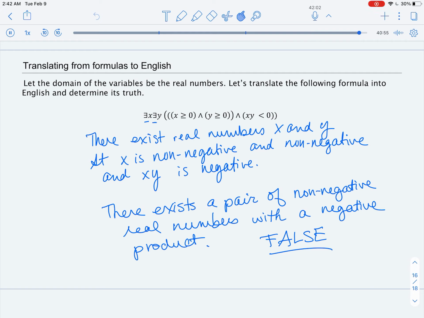So if, for example, this statement had been false, then it would have been sufficient to show that there exists a pair such that, as we have here, that there exists a pair of real non-negative numbers with a negative product. That would have been sufficient to show it was false.